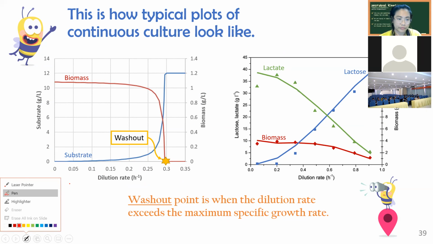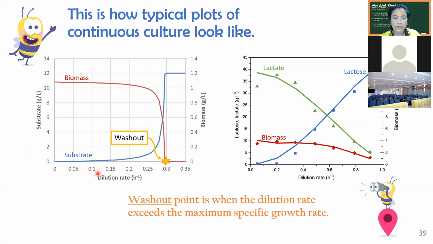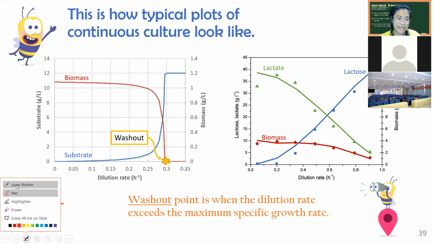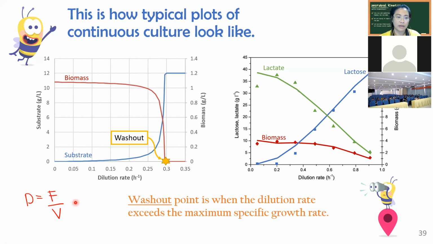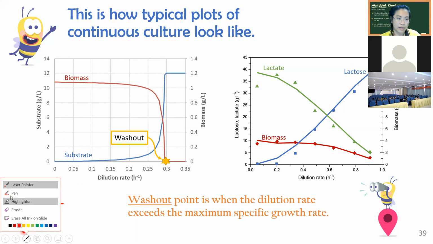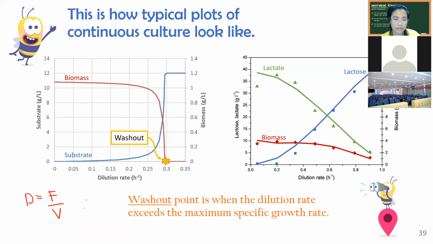If you increase the dilution rate, and let me write here that the dilution rate is F on V, then with the same V, increasing the dilution rate means that you increase the flow rate in and out of the fermenter as well.